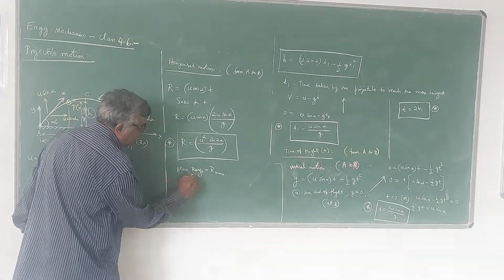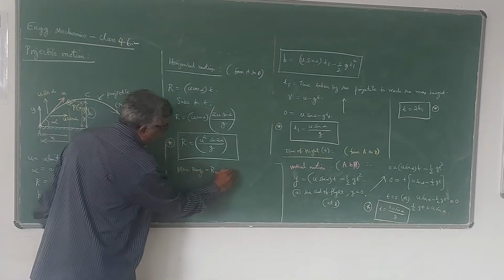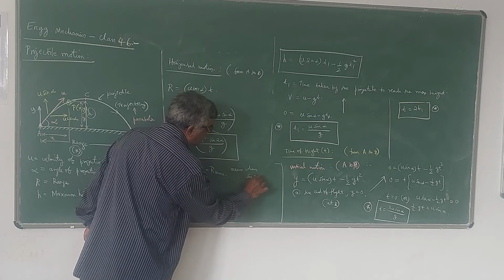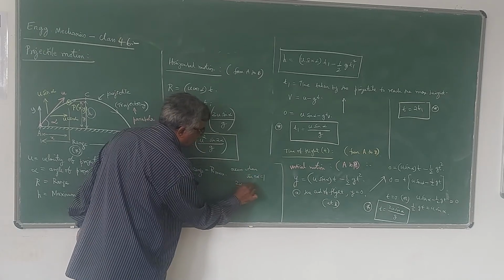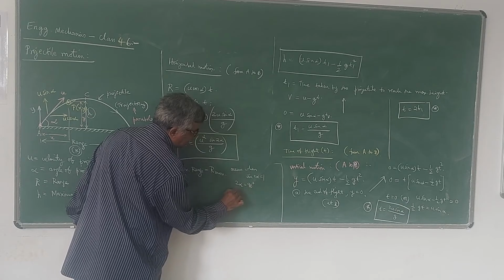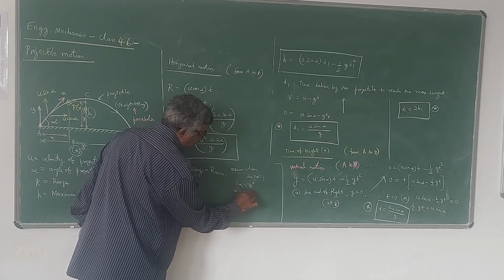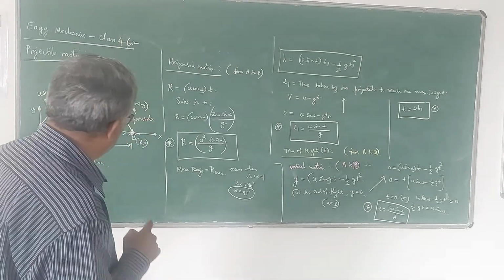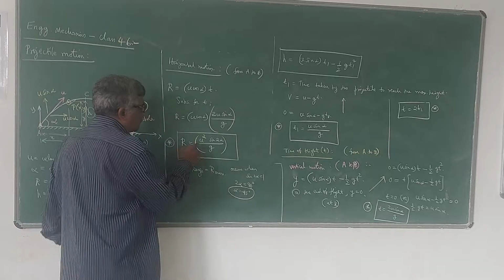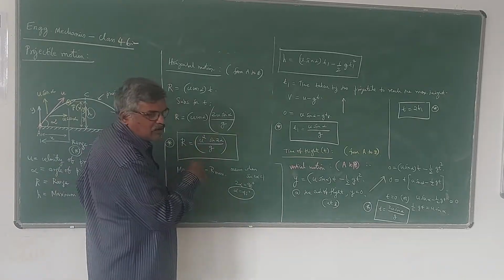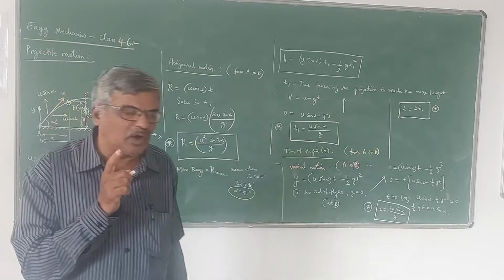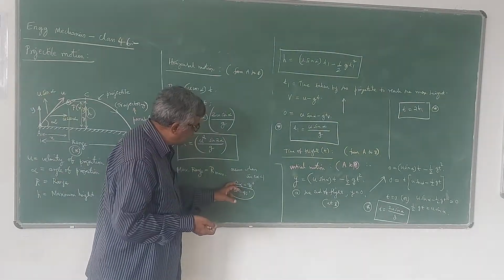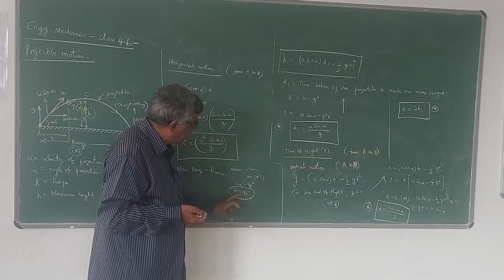So therefore, maximum range occurs when sin 2 alpha is equal to 1, or 2 alpha is equal to 90 degrees, or alpha is equal to 45 degrees. That means when the angle of projection is 45 degrees, you can have maximum range value, because u and g are constants. R will be maximum only if sin 2 alpha is maximum. The maximum value of sin 2 alpha is 1, or 2 alpha is equal to 90 degrees, and alpha is 45 degrees.